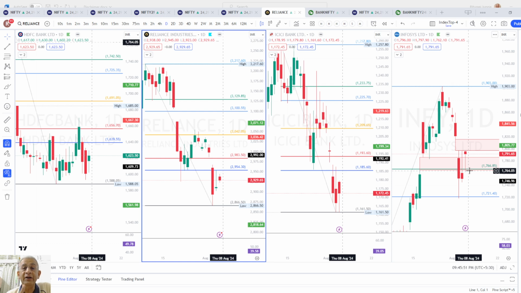It's the daily chart we need to watch at the close of the day and figure out if the daily trend has changed bullish, which it should have. But then we'll have to take it with a pinch of salt because weekly is bearish. Unless we close above the all-time high, we are not aggressively bullish for Nifty.